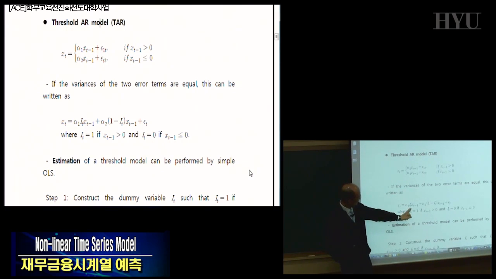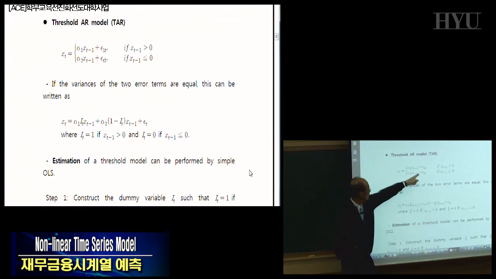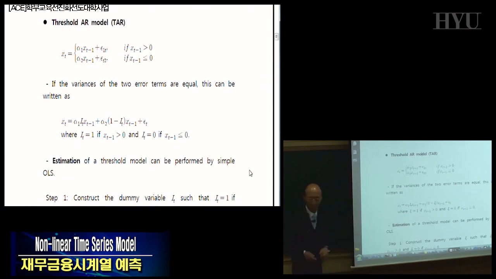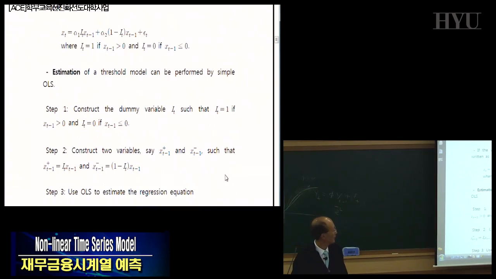If this condition is met, the first expression is simply x_t equals alpha 1 x_{t-1}, and this term is 0, drops out, and epsilon t, which leads to this expression. Otherwise, x_t equals that expression, right? Then you can estimate this quite easily.